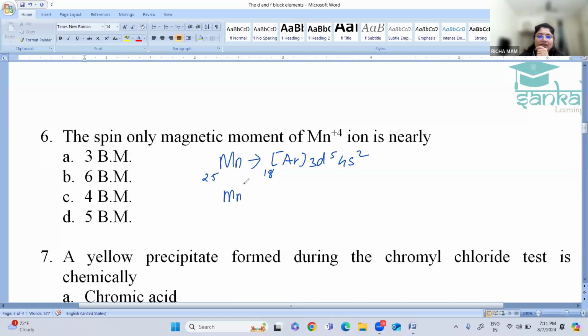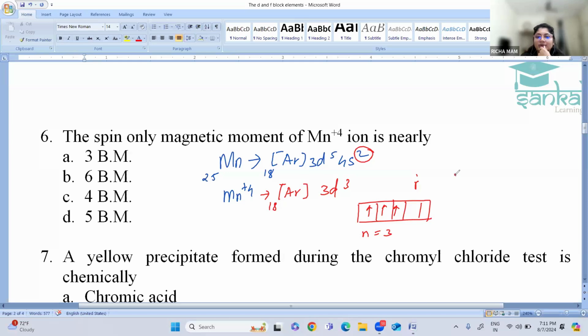So Mn plus 4 means what, students? Plus 4 means 4 electrons are lost. First 2 electrons are lost from the 4s, then 2 electrons from the 3d. So it is argon 18 and 3d3. When I write the electronic distribution, it will be 1, 2, 3, so n is 3.